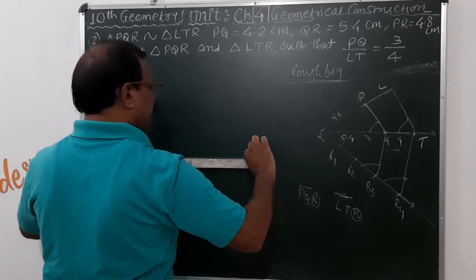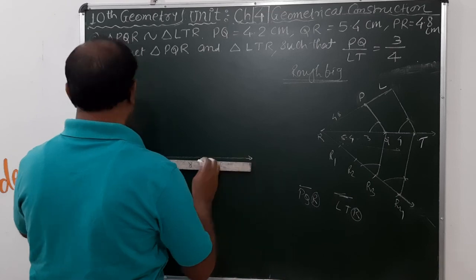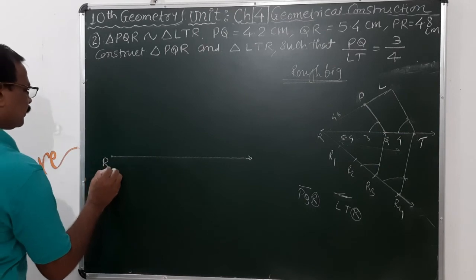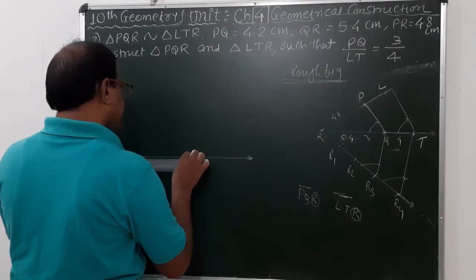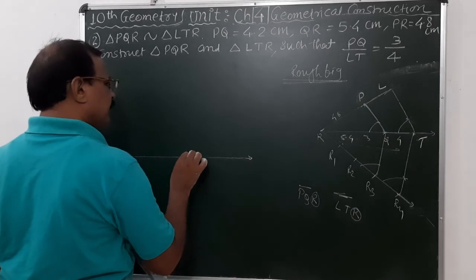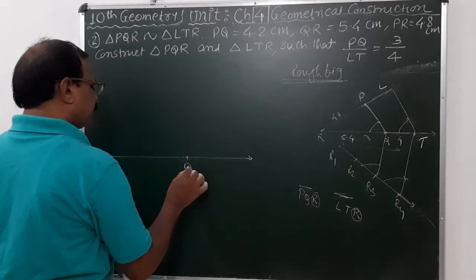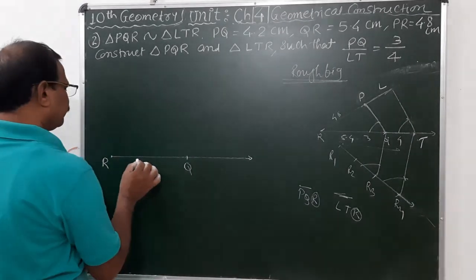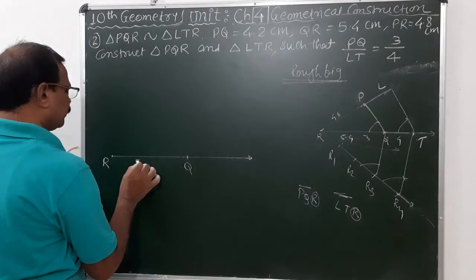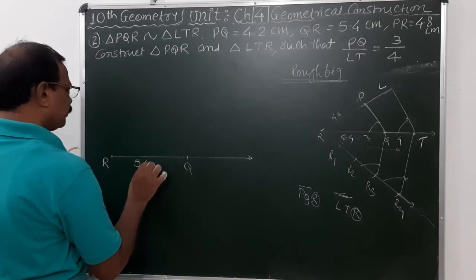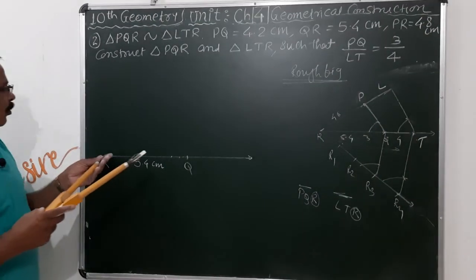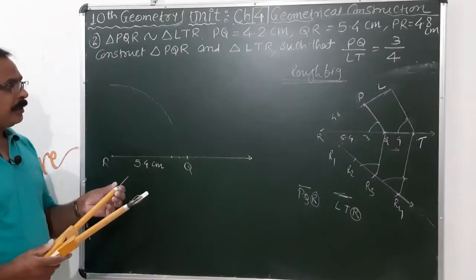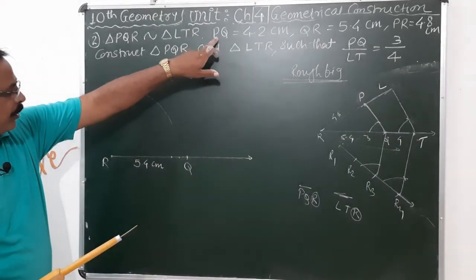First draw a line here. Take a point R. So this is your Q point, suppose, and this length is equal to 5.4. Then you take 4.8 in your compass and draw an arc here. Then you take 4.2, that is equal to PQ here.